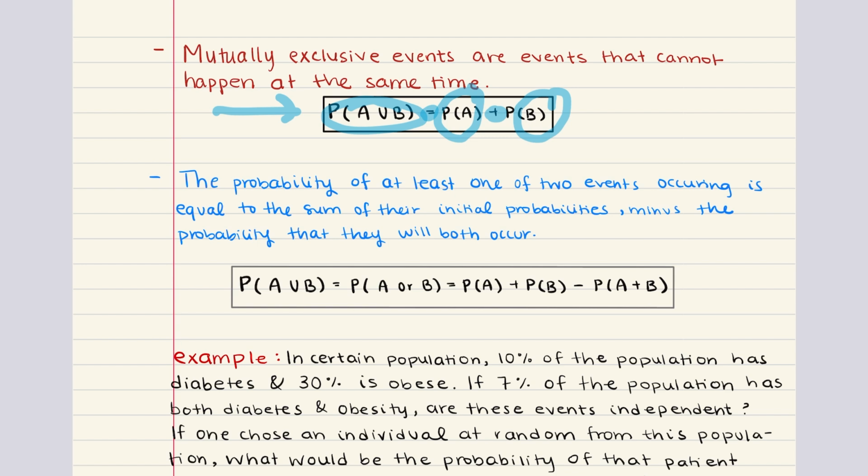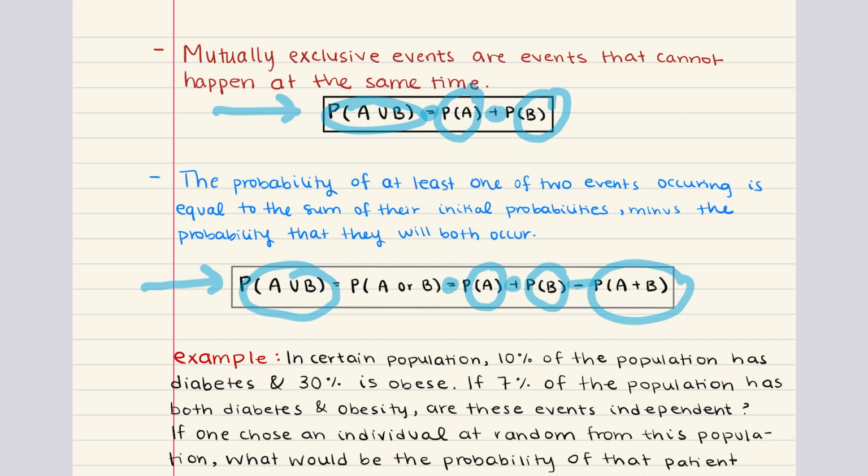This is done using the addition rule, which subtracts the probability of the overlap to avoid double counting. So that's expressed in the following way. This indicates that the probability of either event A or event B occurring is equal to the sum of the individual probabilities of A and B minus the probability of both events occurring together.